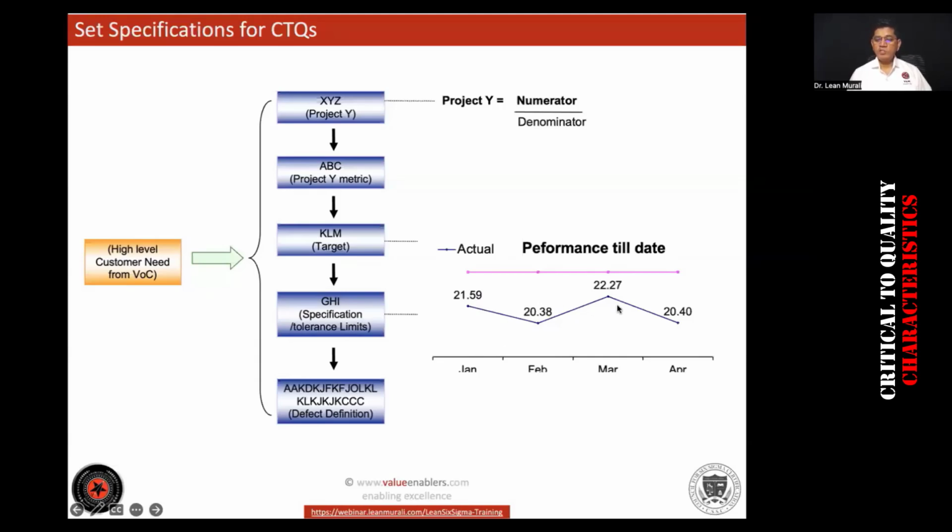If this is within this band, then the customer is satisfied. So you start learning. If the customer wants good quality, you measure the defect rates, cost of quality, cost of poor quality as a metric, so that you address the voice of customer on the sigma level. That's what we are going to go into in depth: what is cost of quality and what is cost of poor quality.